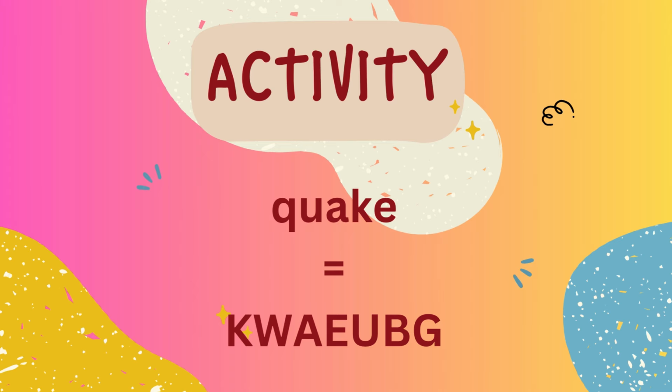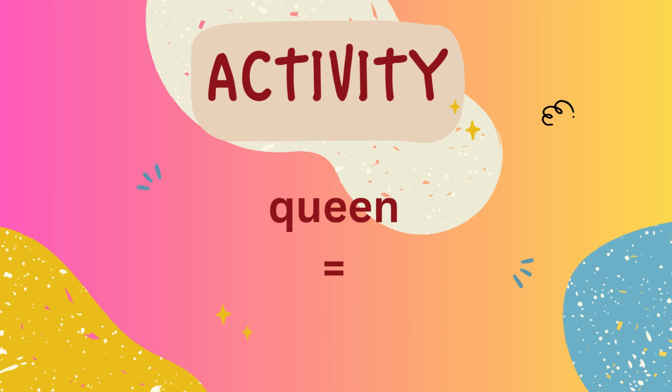We have another word, queen. Oh, I'm sorry, we weren't able to discuss the word quake earlier, but I guess you have an idea already, or you got it correct since you learned fast.